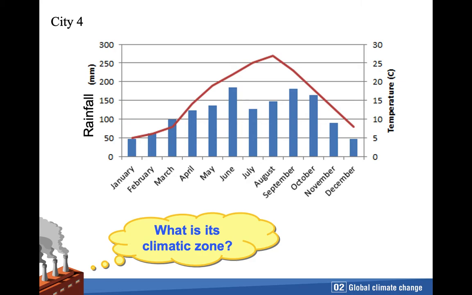So finally, for this city 4, could you guess? Okay, I'll give you a few seconds to think. Actually, it is the temperate climate, okay. So temperate climate means they have a cold winter. You can see in the winter time it's about 5 to 10-something degrees.